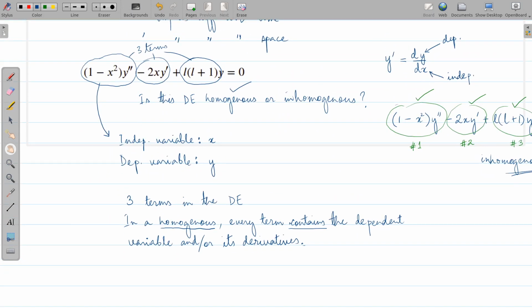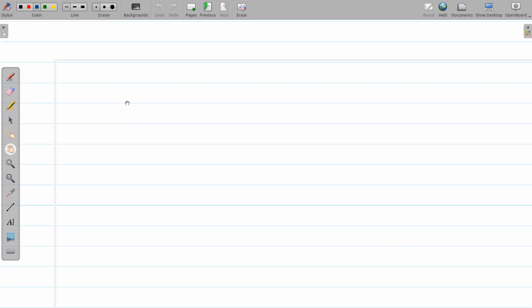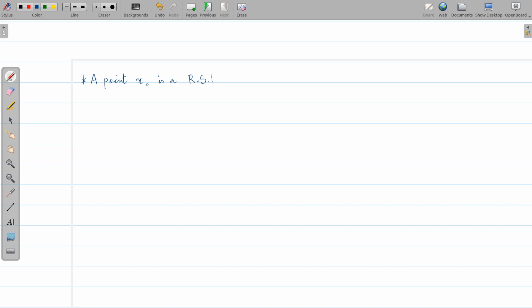Now let me try to show you over here. We define a point x naught as a regular singular point of a differential equation.